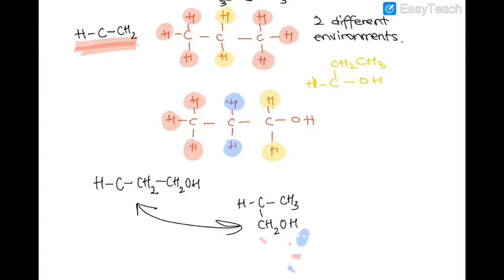So this is different from the other 2 that we had. And then I have one last hydrogen here. This one is different from all the other hydrogens. So this one is bonded to an oxygen atom. So NMR is going to allow us to determine how many different environments you have in a molecule.